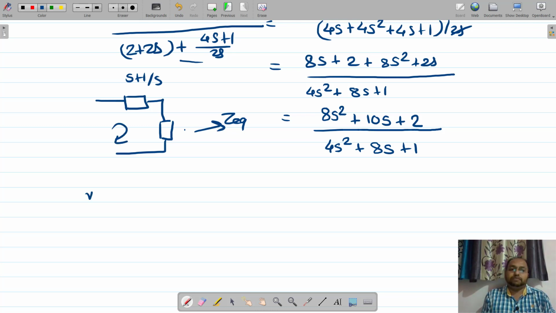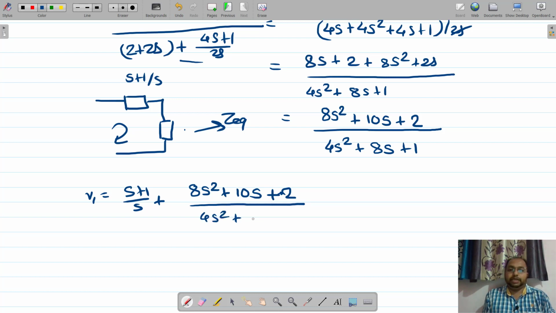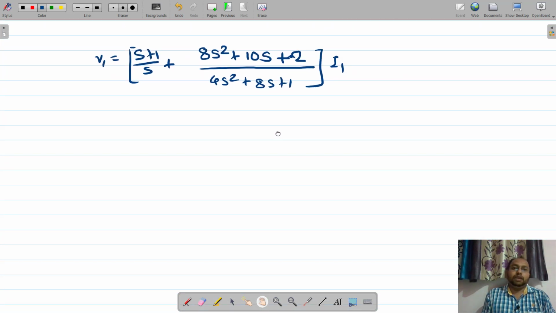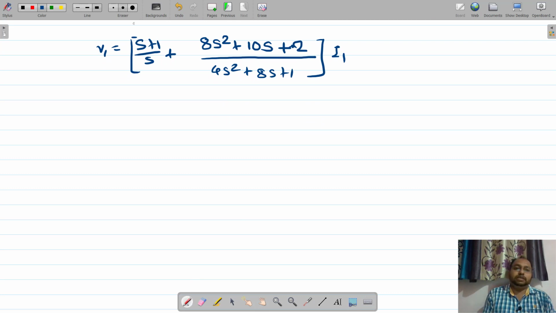So V1 is equal to S plus 1 divided by S plus 8S square plus 10S plus 2 divided by 4S square plus 8S plus 1, into I1. Am I right? Take this I1 to the left hand side, and then it is going to become V1 by I1 equals.